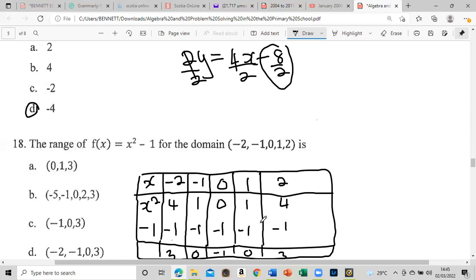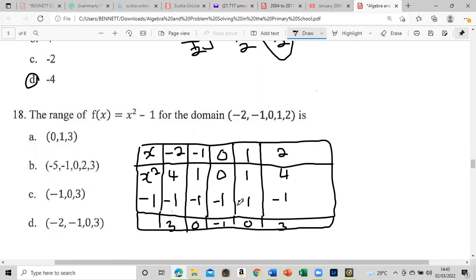So we have to include only 3 numbers: 0, -1, and 3.